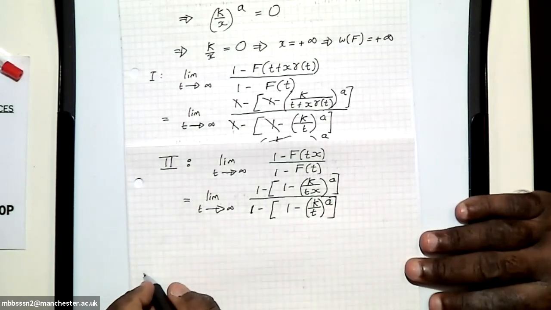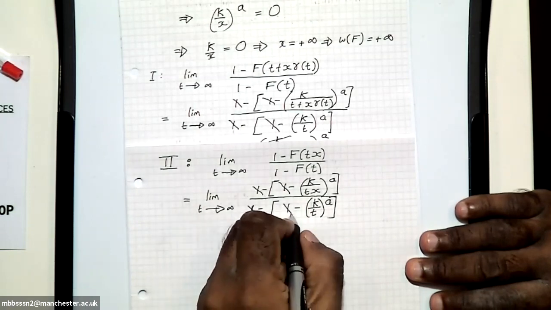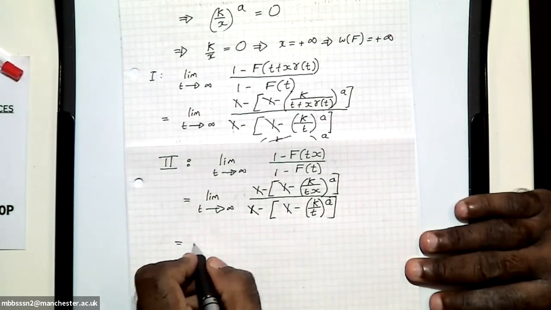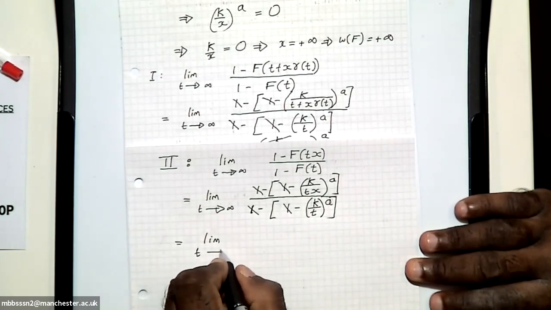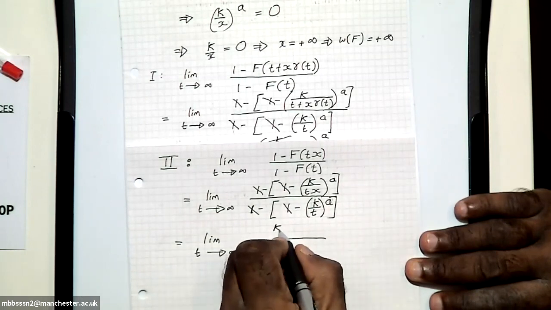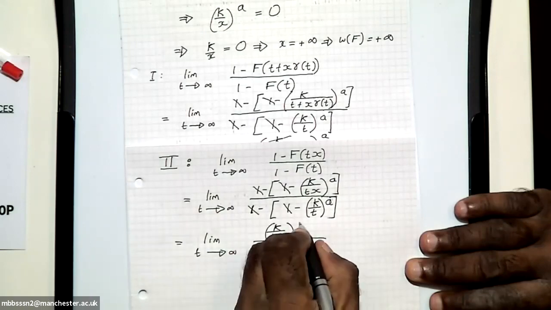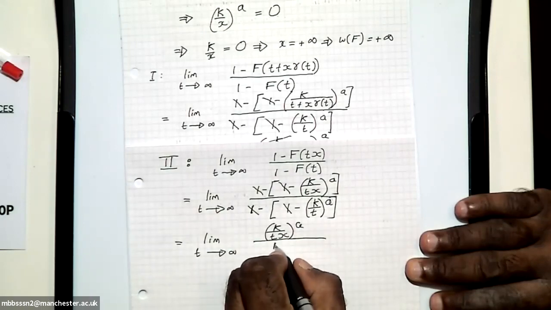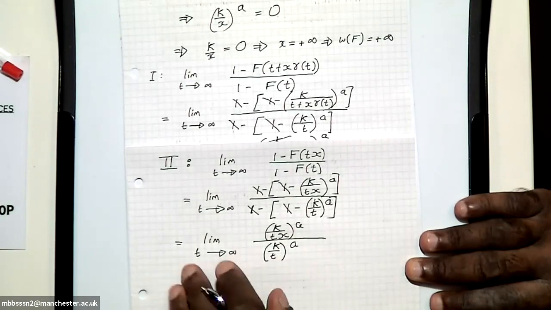Once again, the 1 and the 1 cancel. So what you have is the limit as t goes to infinity of this.